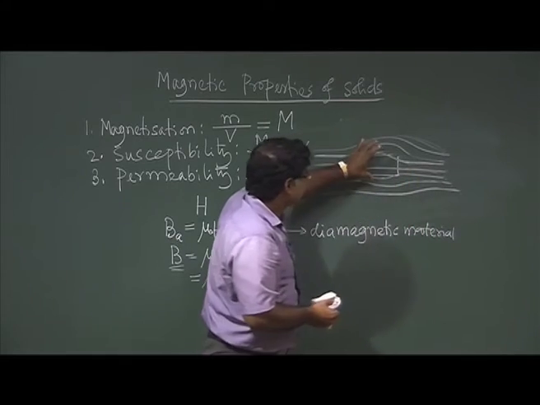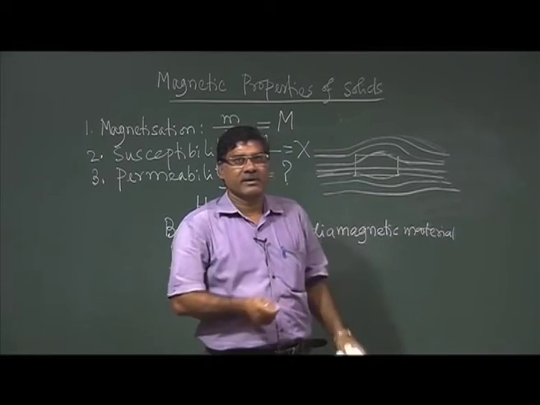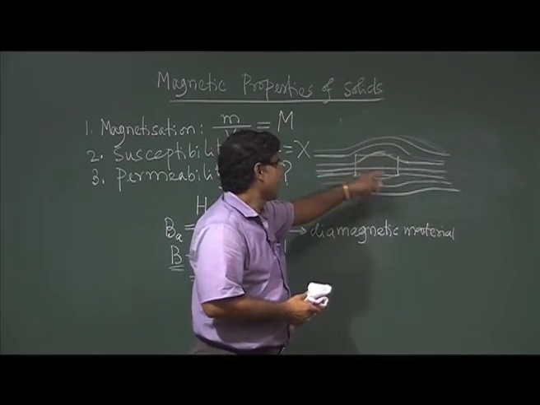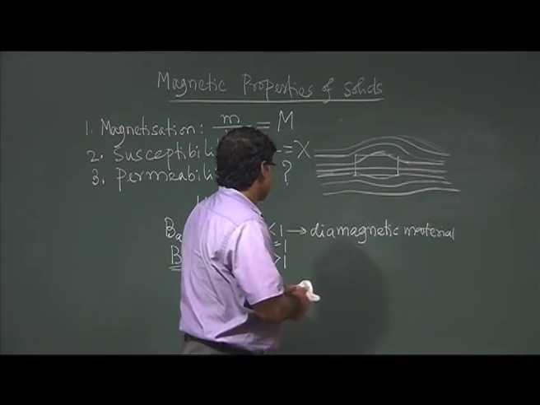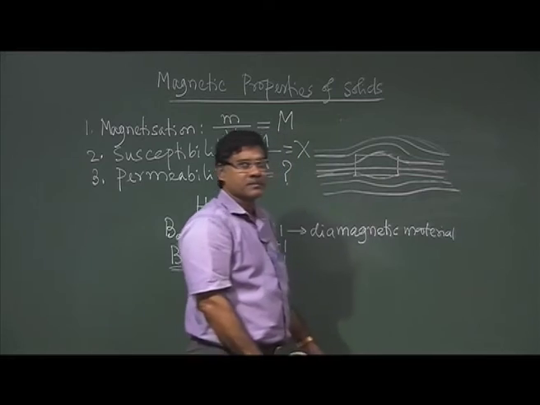Okay. So here, whatever the initial external magnetic field lines of force, the density of lines of force is now reduced. Okay. So this type of material is called the diamagnetic material.